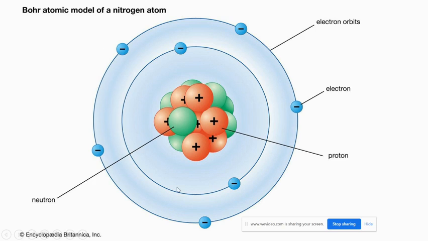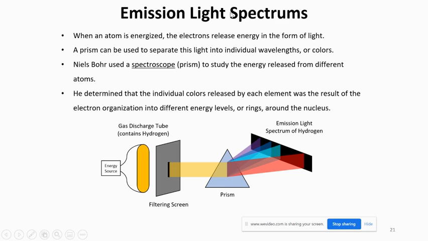Electrons then are found out in this outer cloud, and Bohr said that we had these different levels here. We're going to learn about these levels and kind of the shapes of them when we get into chapter 5. One of the things that he saw was that when an atom is energized, those electrons are going to release energy in the form of light.